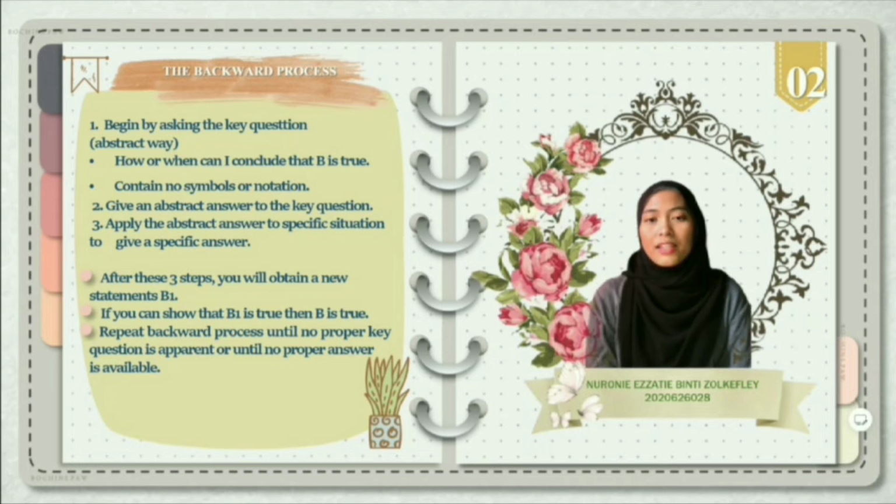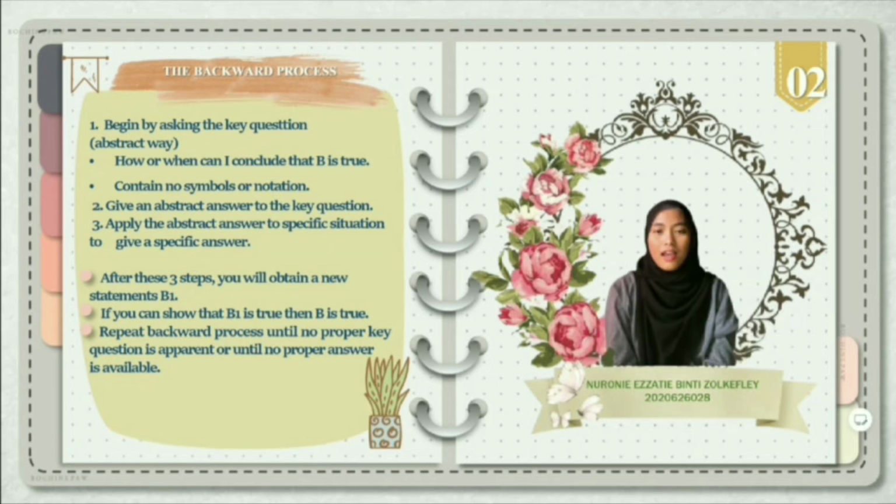Last, apply the abstract answer to the specific situation to give a specific answer. After these 3 steps, you will obtain a new statement B1. If you can show B1 is true, then B is true. Repeat the backward process until no proper key question is apparent or until no proper answer is available.